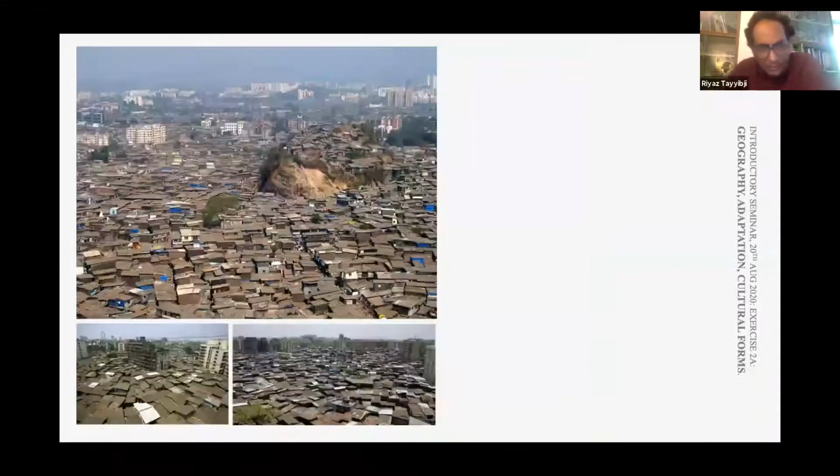And then there is Bombay, and in the middle, what you see, that outcrop on the upper photograph, that is Antop Hill. From what I understand, that's close to 3 billion years old. Do we have a narrative for it? Do we consider it to be part of the scheme of our adaptive strategies? It does not seem so.